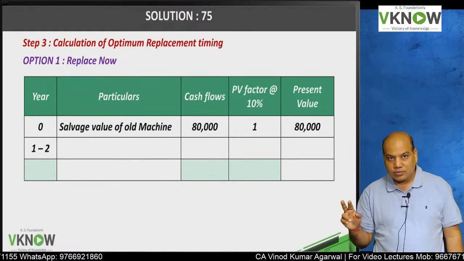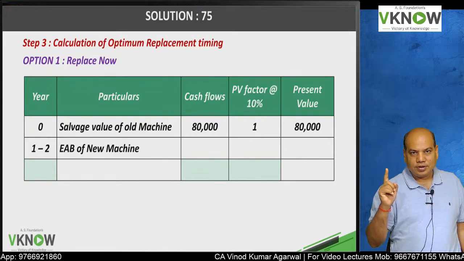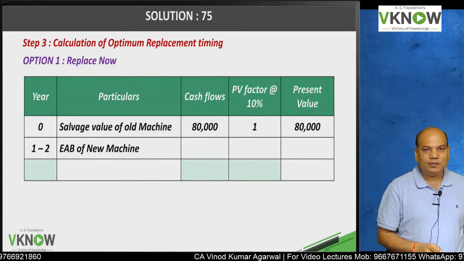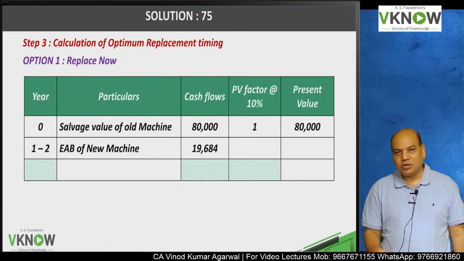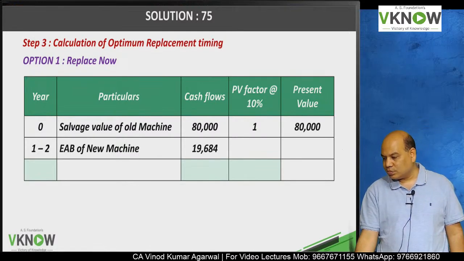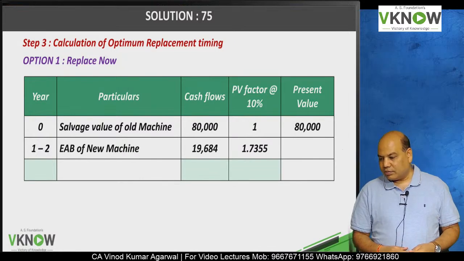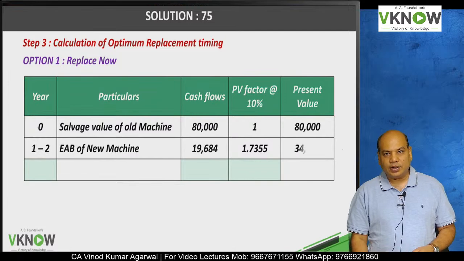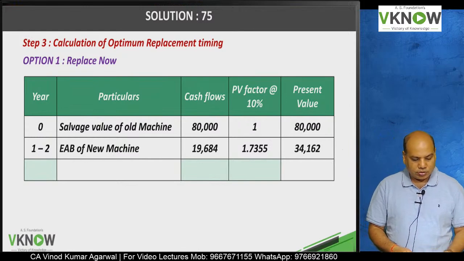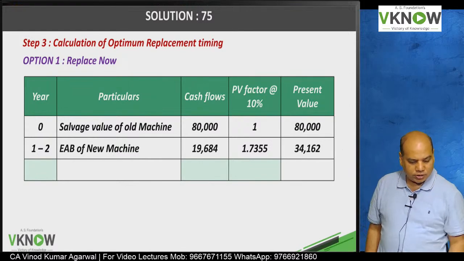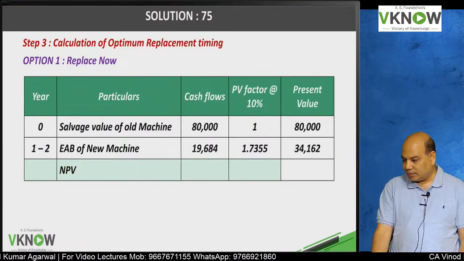For next 2 years, you are going to use the new asset and you will get equivalent annualized benefit of the new machine, 19684, that is also positive. Both are inflow. Present value factor 1.7355, last column present value, check 34162. Do you agree?